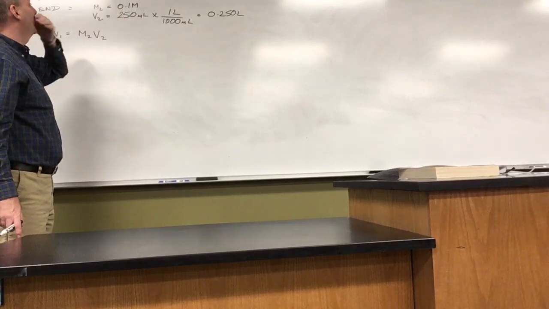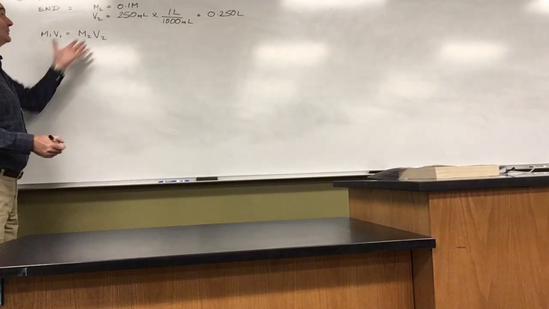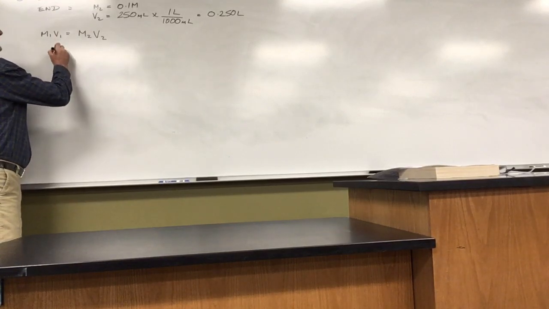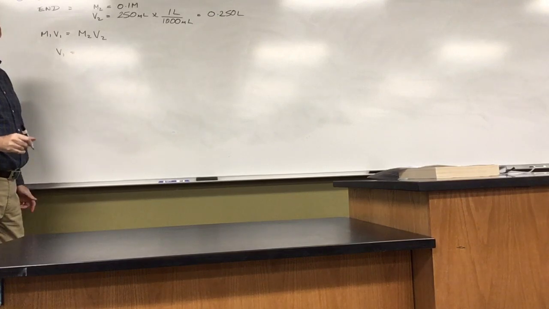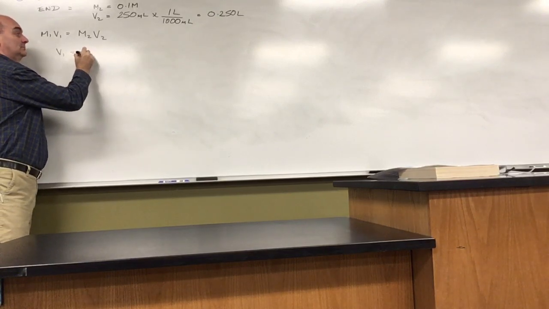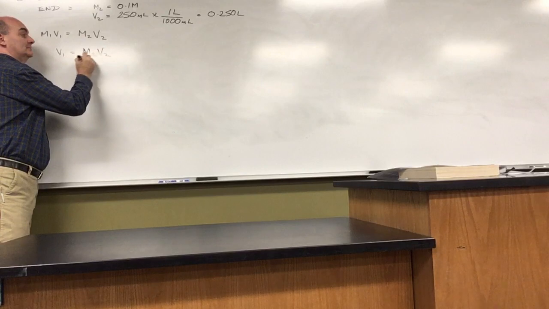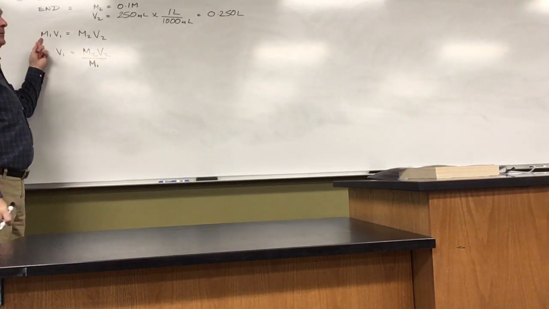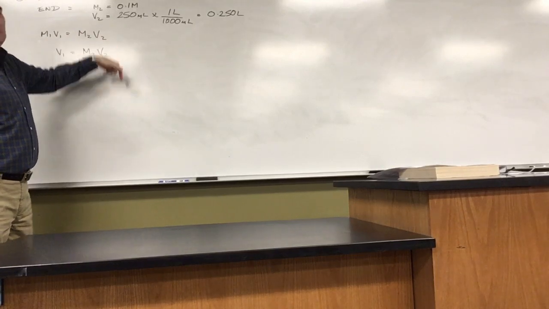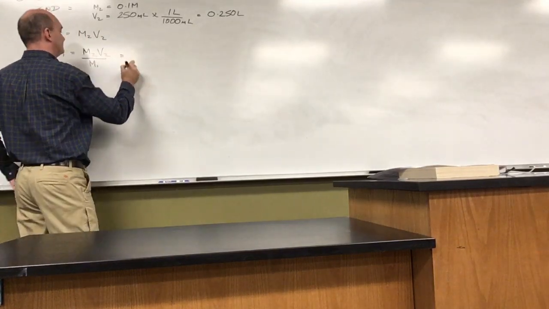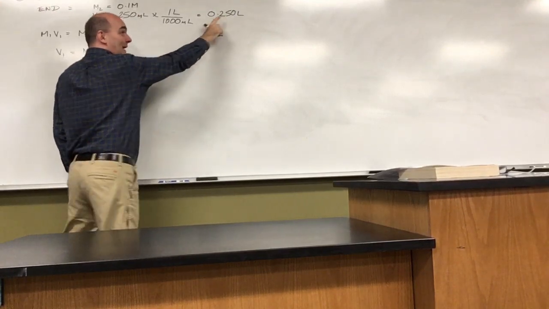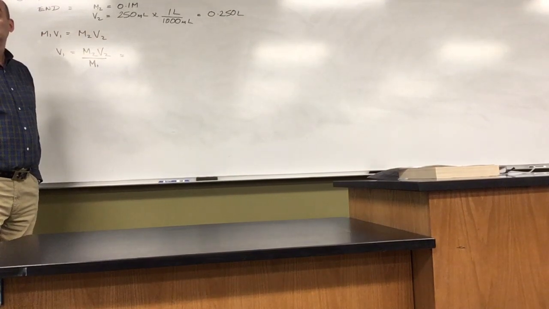All right, so M1 V1 equals M2 V2. What's the quantity I'm looking for? It's V1. So V1 equals, let's take the M1, cross it over, the equal sign drops to the bottom. All right, put the numbers in. So I purposefully changed that to liters. It's always the safe thing to do.